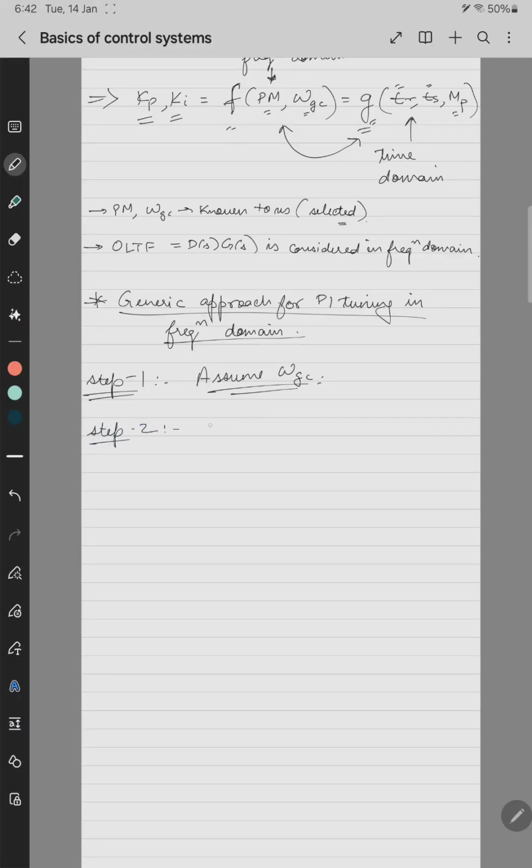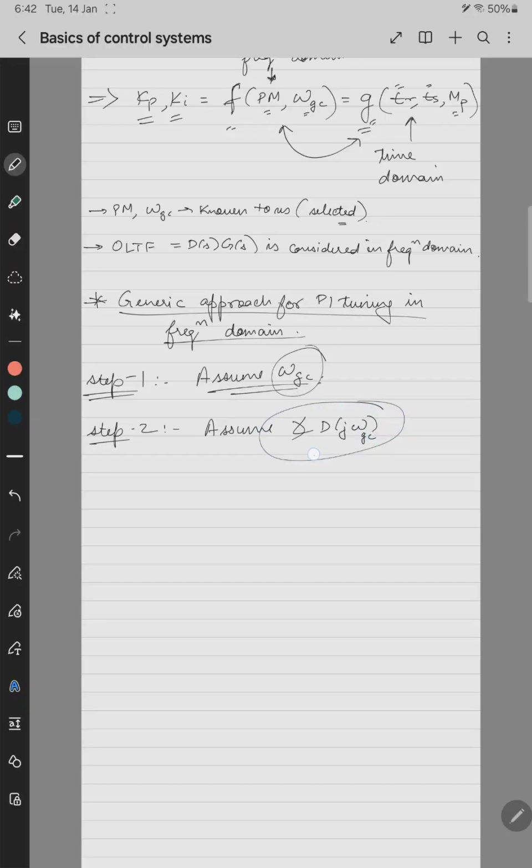Step 2 is for phase margin. There are some rules to assume omega GC, and similarly some rules to assume the angle of T of j omega at the gain crossover frequency, which is related to phase margin.